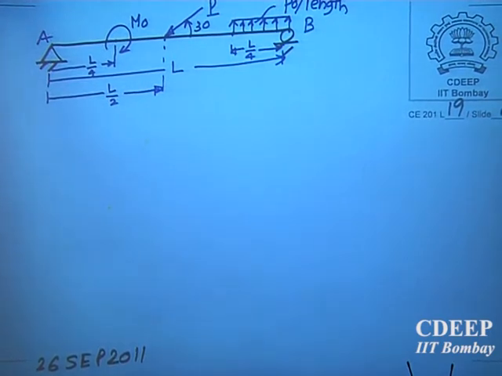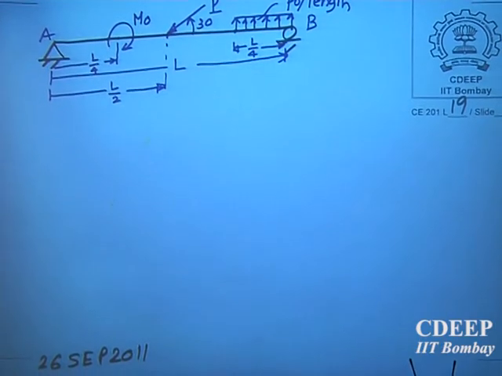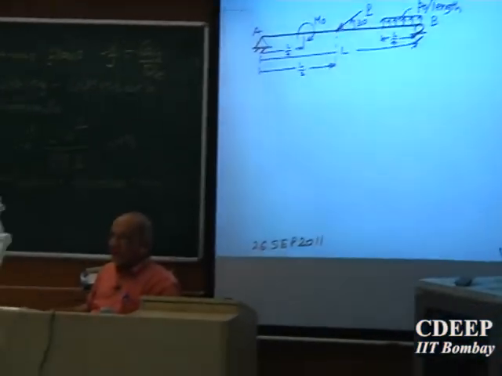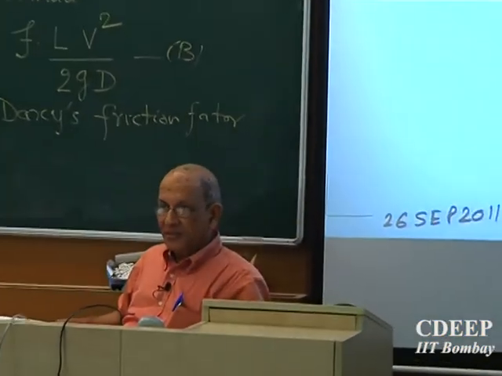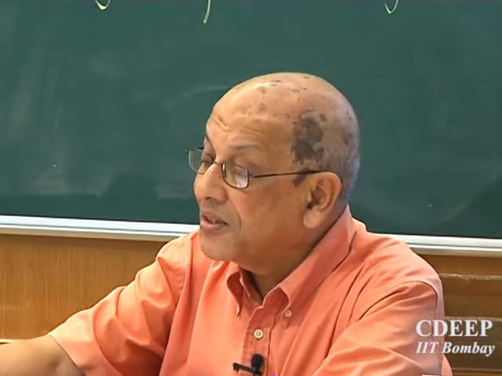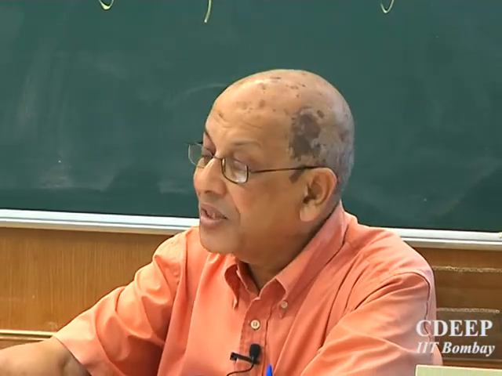How will you solve? One way is to solve as it is. Find out the support reaction. Three reactions. You will be able to find out. Free body diagram and then 3 reactions. Because of this, there will be M naught by L reaction, plus or minus.